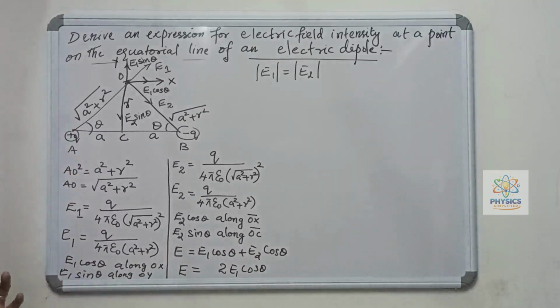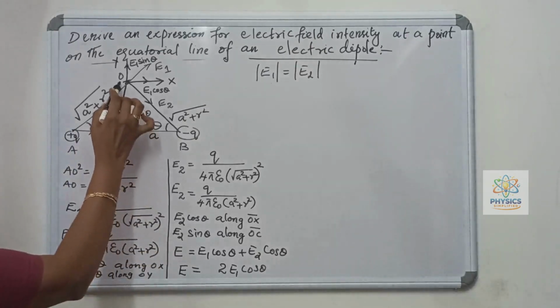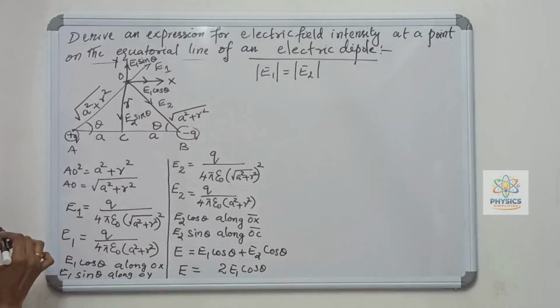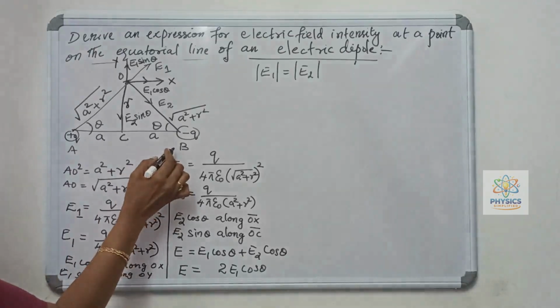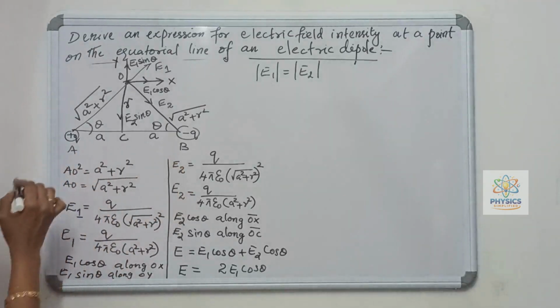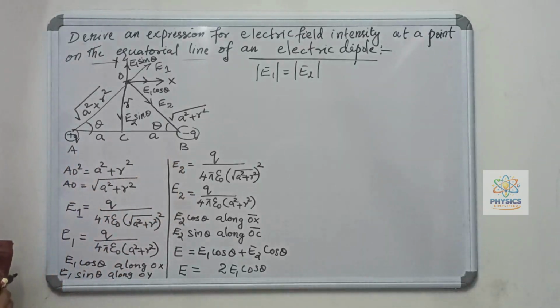And next, one more important thing is the direction of electric field is along O to X, but the direction of dipole moment is from B to A. Direction of dipole moment is from the negative charge to the positive charge.